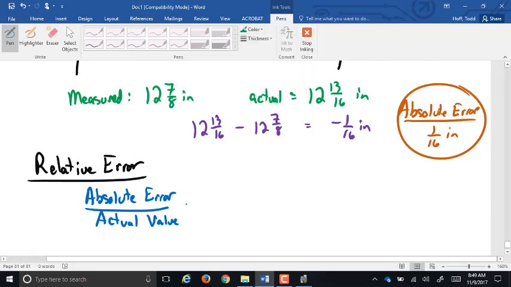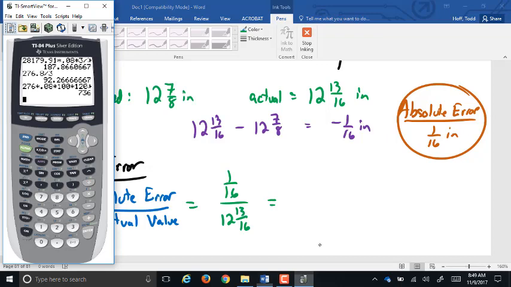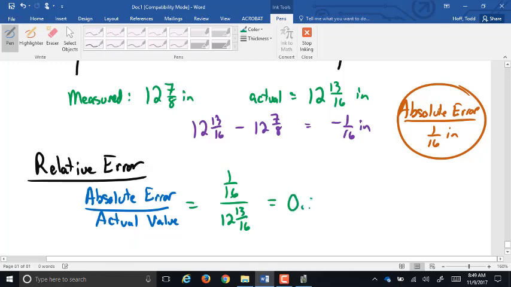So in this case, that would be the 1/16 of an inch divided by the 12 and 13/16. Now, if you have fractions on your calculators, it'll be easier for you to do this than mine. But we'll make it work here. We get 0.00488 if I round that off. So that is my relative error.